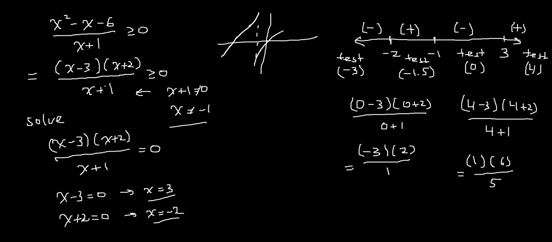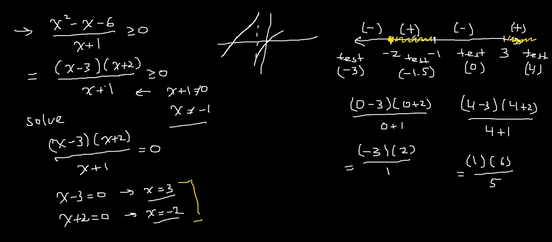Okay, so anyways, what are we looking for? We're looking for where the function is greater than or equal to 0, correct? So you want it to be positive or equal to 0. So you want it to be positive, either in this section or this section, or equal to 0. Where are they equal to 0? We found them over here, either at x equals 3 or x equals negative 2.